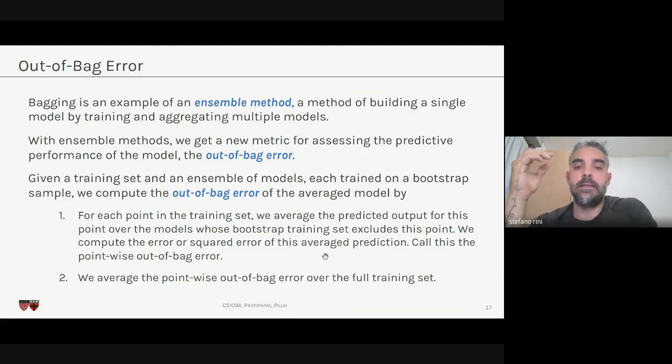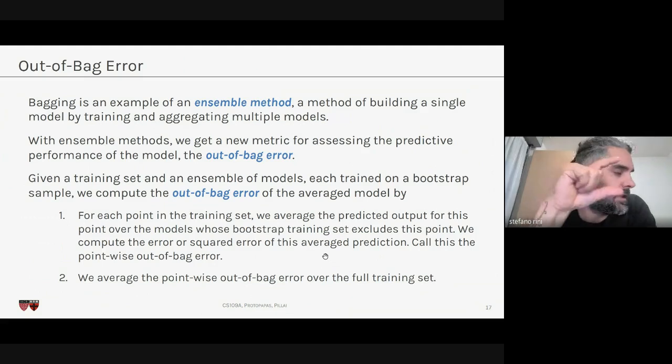So given a training set and an ensemble model, each trained on a bootstrap sample, we compute the out-of-bag error as follows. For each point in the training set, we average the predicted output for this point over the models whose bootstrap set excludes this point. Okay, so we're going to see a plot later, right?